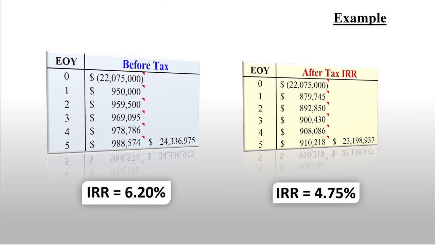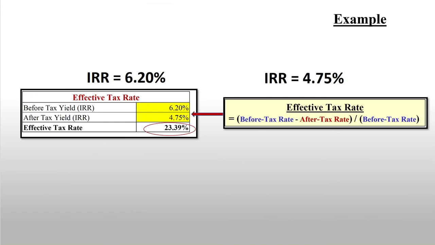Notice that our effective tax rate comes from the internal rate of return or yield before tax and after tax. If you recall, our effective tax rate was before tax IRR minus the after tax IRR divided by the before tax IRR.